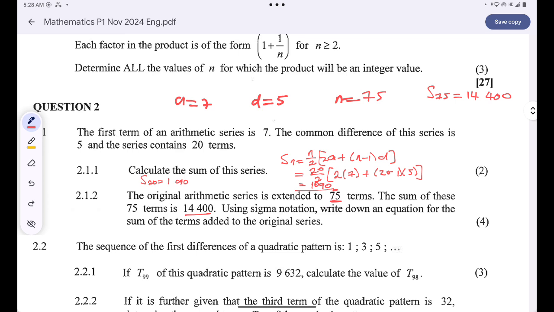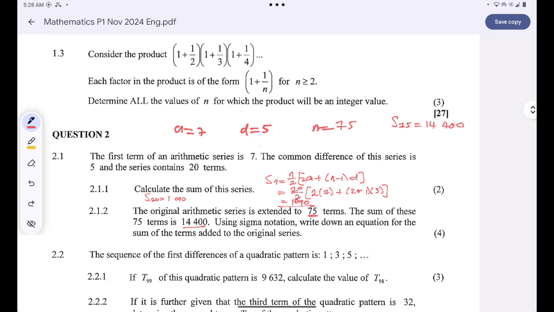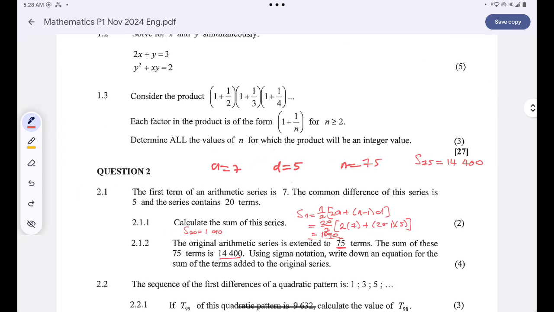Using sigma notation, write down the equation for the sum of the terms added to the original series. Remember that, guys, we have an arithmetic series over here.